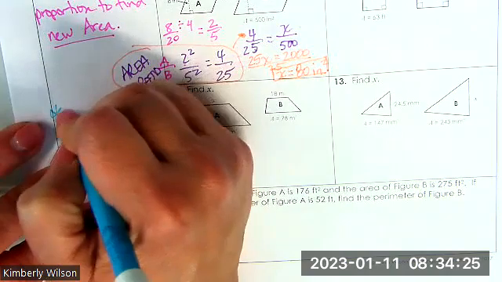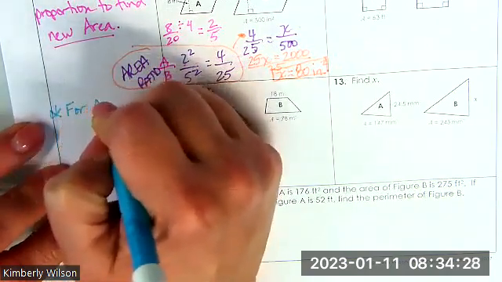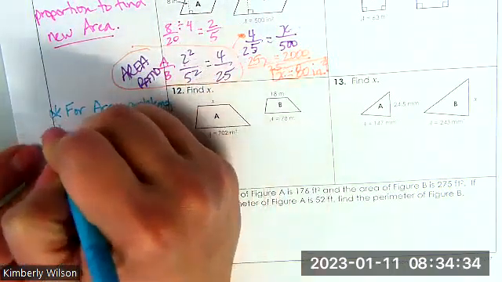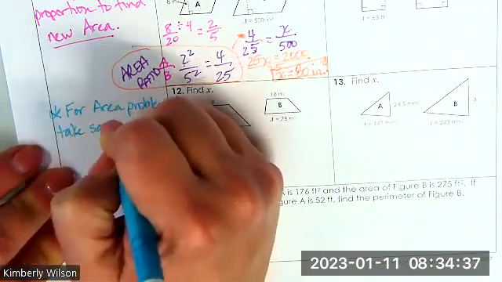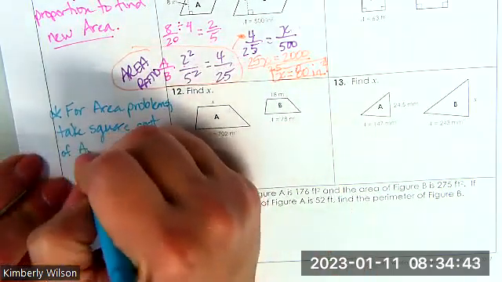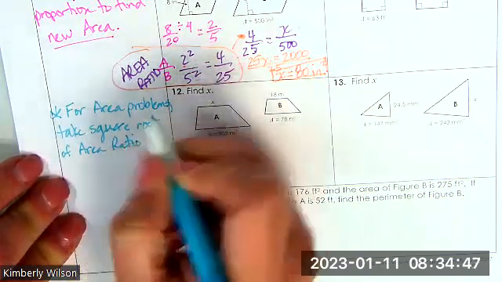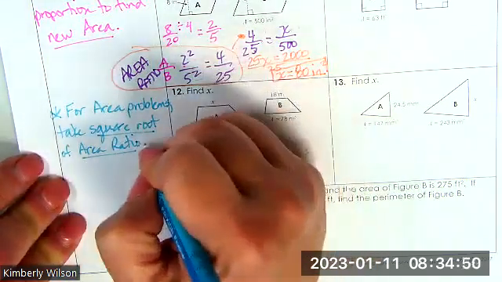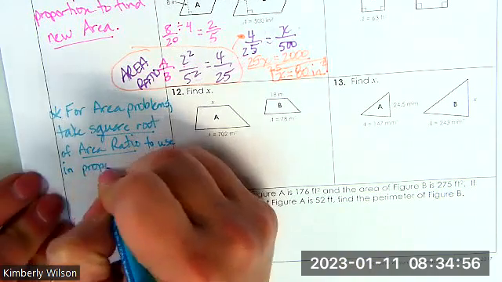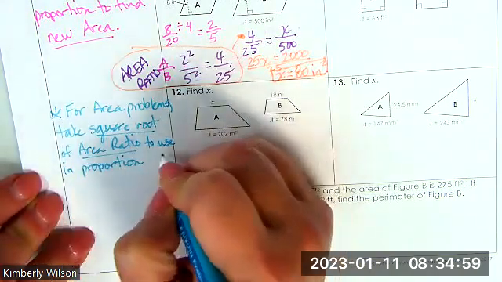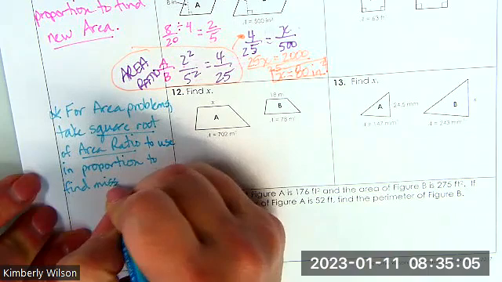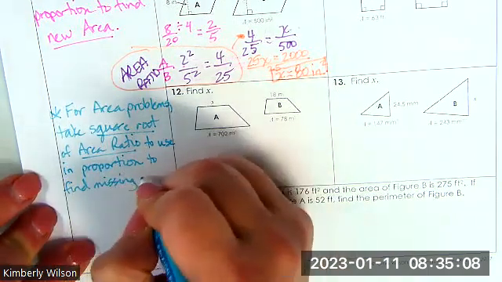So for this one, for area problems, take the square root of the area ratio, kind of working backwards at the beginning here, to use in the proportion to find the missing dimension or missing side.